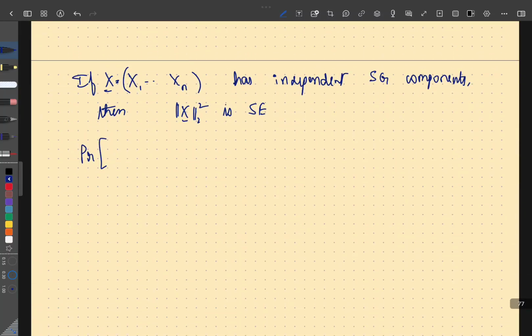Since the L2 norm square is subexponential, this implies that the L2 norm square minus the expectation of the L2 norm square is also subexponential.